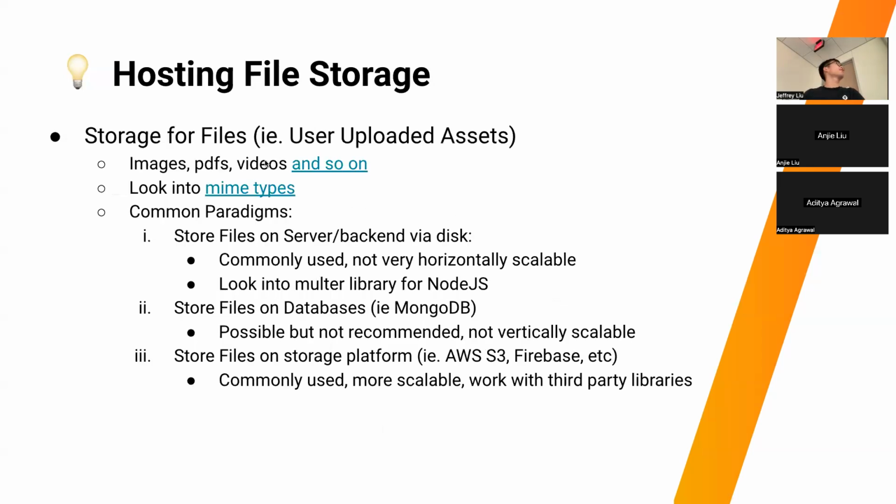So there's one thing left that should be mentioned whenever you are making any application, which is files. A lot of your projects are going to have user uploaded assets. Very commonly this is your profile picture, for example. Any files that you upload on an application should be downloadable. So there are a lot of different ways you can do this.